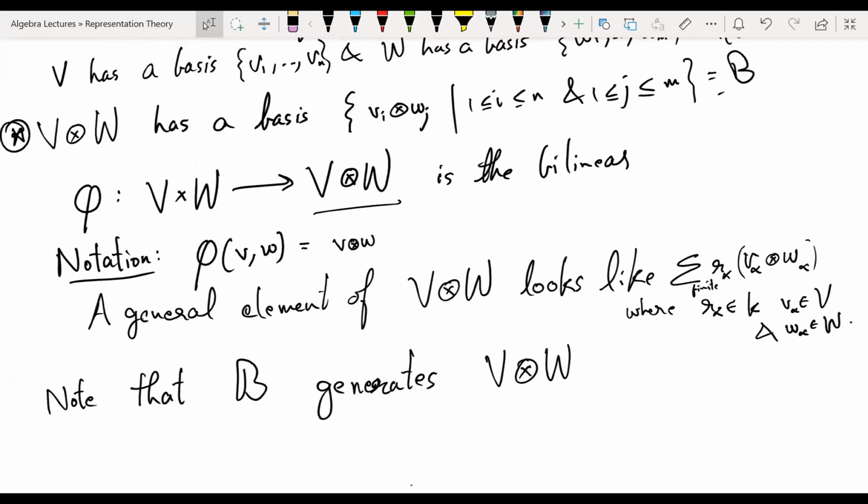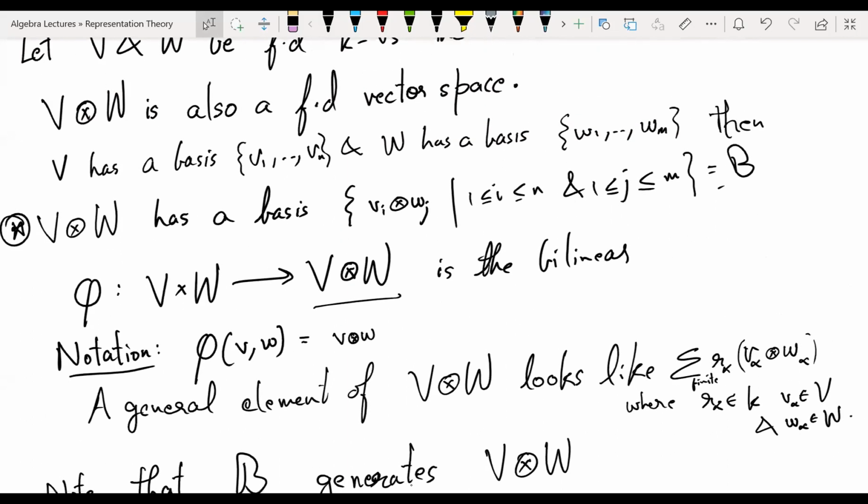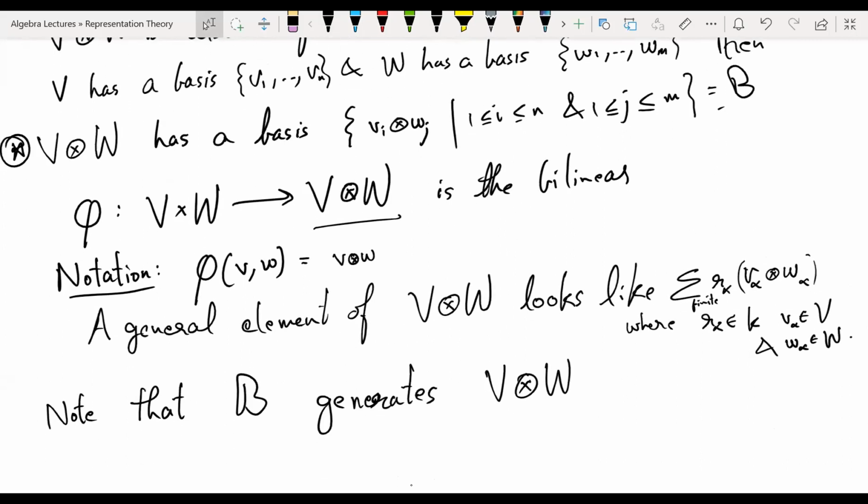Each of these w_alpha you can write as a k-linear combination of w_1 to w_m, and then of course expand it, because it's basically the image of this bilinear map.